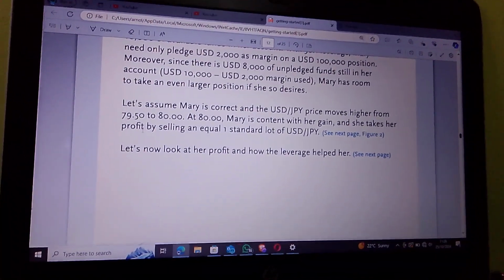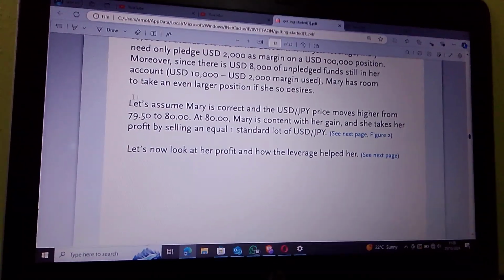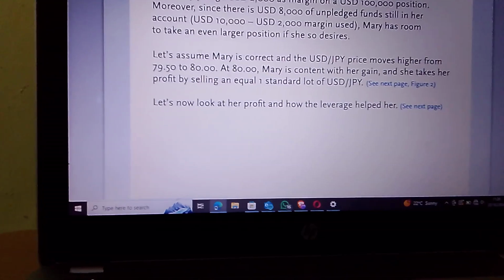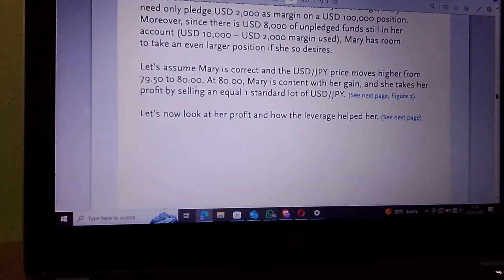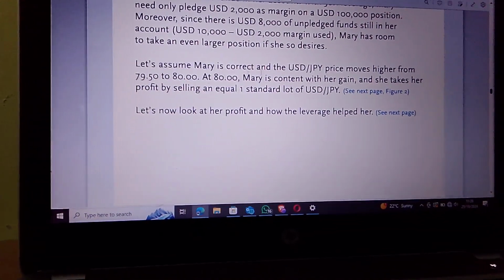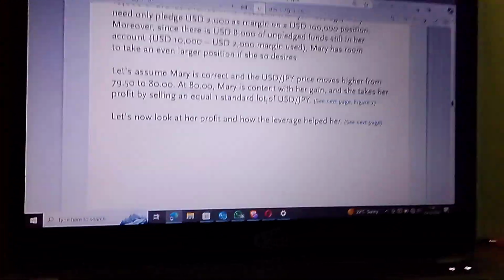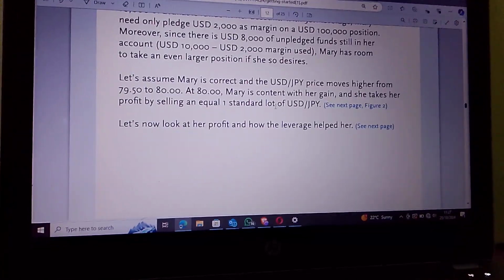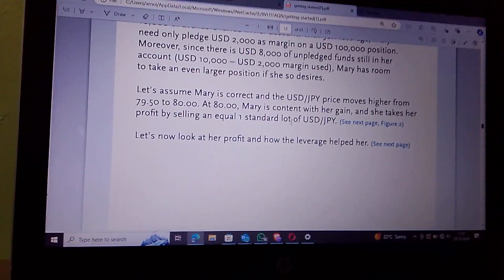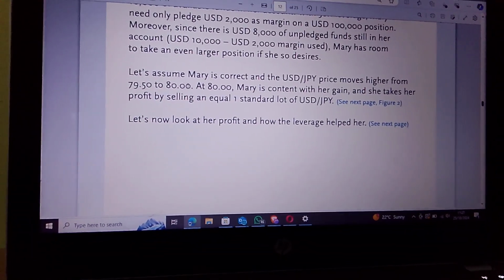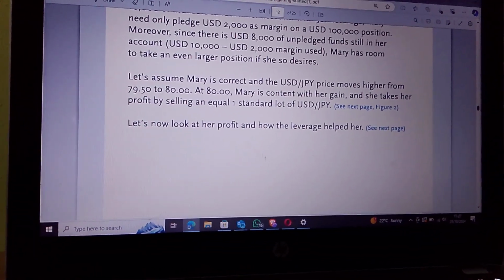She predicted that at 79.50 it would go higher, and now it has reached 80.00, and now she's content. So now she sells it, and she takes her profit by selling an equal one standard lot. You remember she held a one standard lot position, so now she sells an equal one standard lot at this price, 80.00.